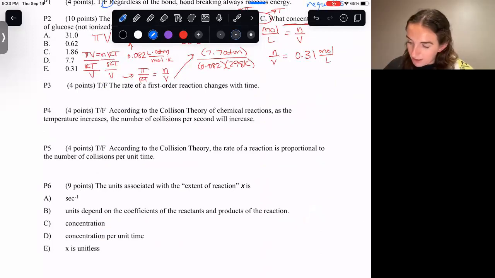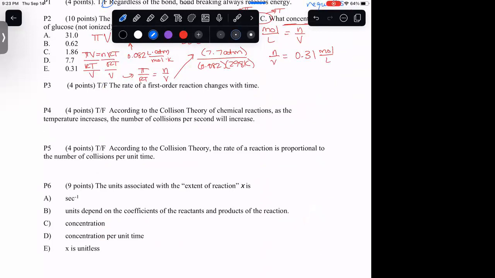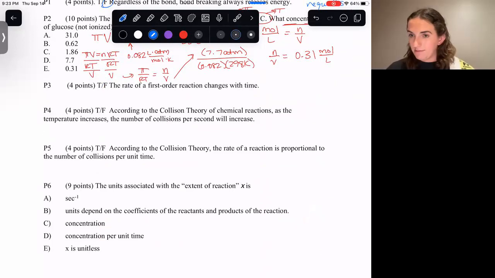Yes. So according to the collision theory of chemical reactions, as the temperature increases, the number of collisions per second will increase. Is this true or false? Yes, it's true. Does someone want to back her up? Yeah, I agree. This is true. As we increase temperature, your molecules are gaining energy, right? I always relate increasing temperature to boiling water because you start with still water and then it eventually bubbles.